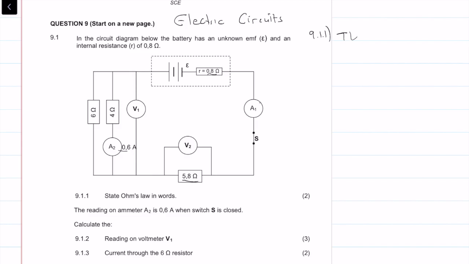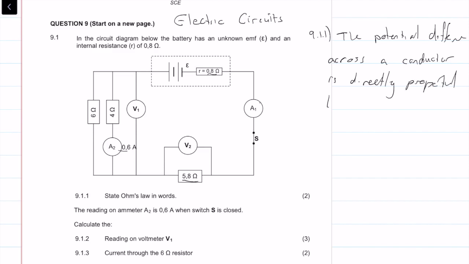Ohm's law says that the potential difference across a conductor is directly proportional to the current in the conductor at a constant temperature.